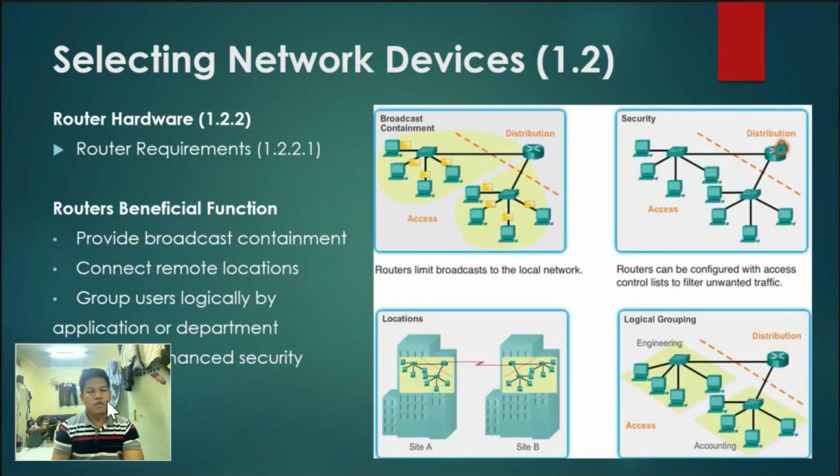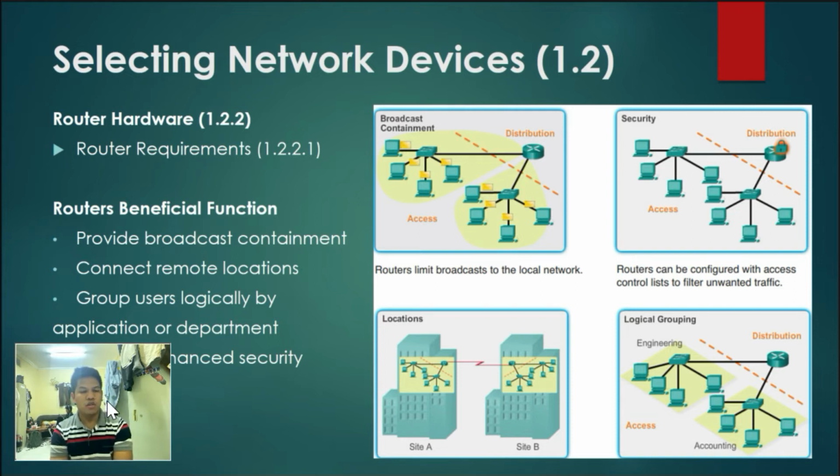And for router requirements, it is like switches. Routers can play a role in the access, distribution, and core layers of the network. Routers also play a critical role in networking by interconnecting multiple sites within an enterprise network, providing redundant paths, and connecting ISPs on the internet.